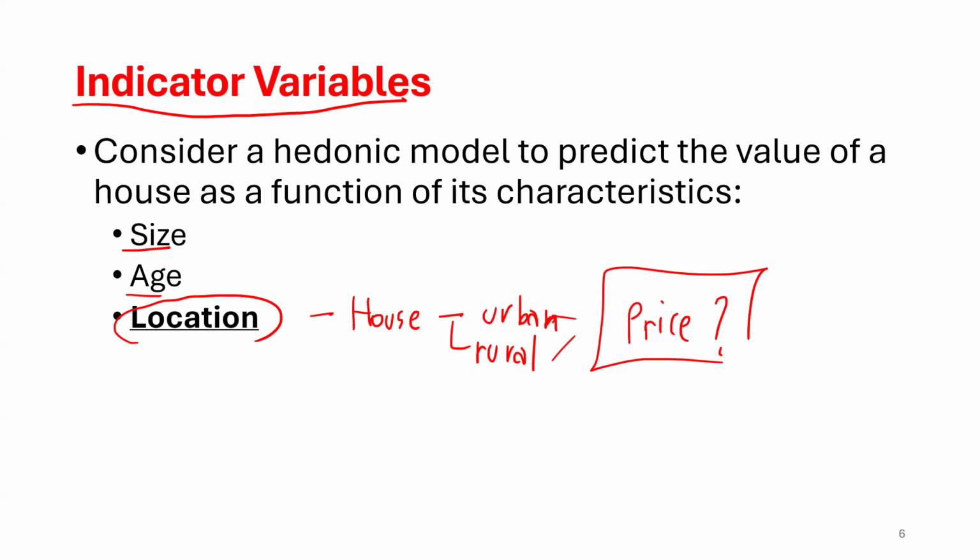The model will answer, right? But this is like a characteristic. So how can we use this text in our model? So we use the technique called indicator variables.